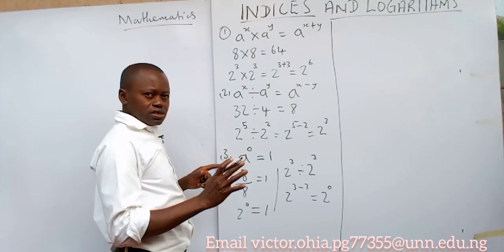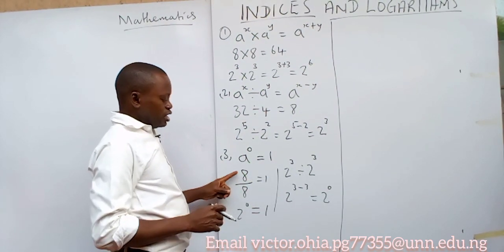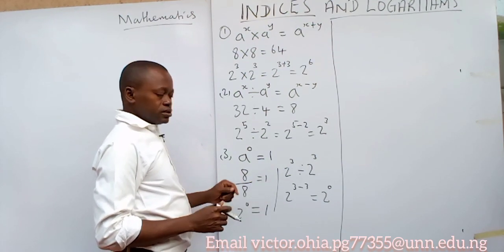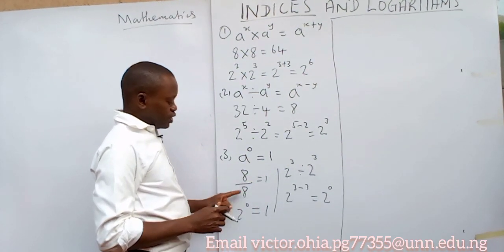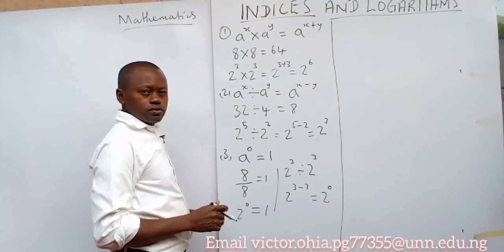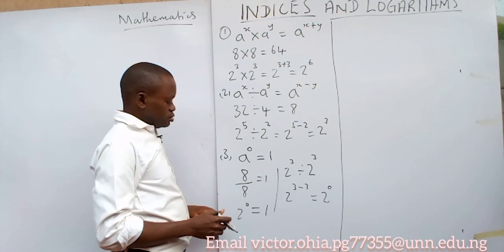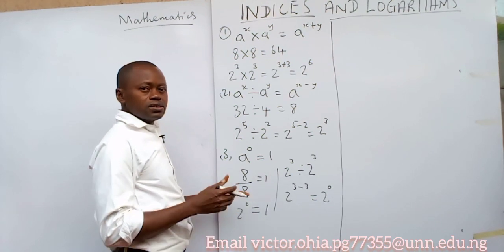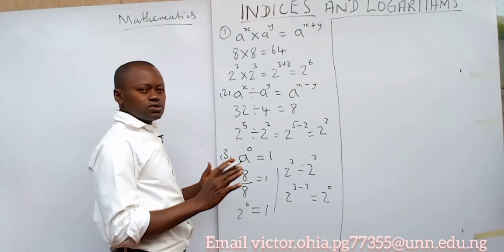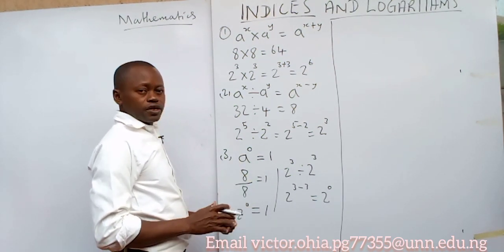I'm sure that logic is very acceptable. Can we logically conclude that 2 raised to power 0 is also equal to 1? Yes, it's a very logical statement.